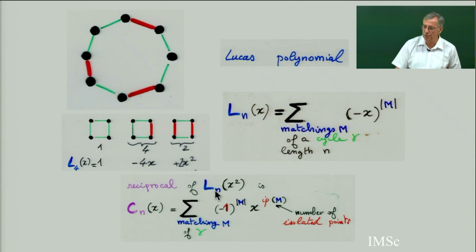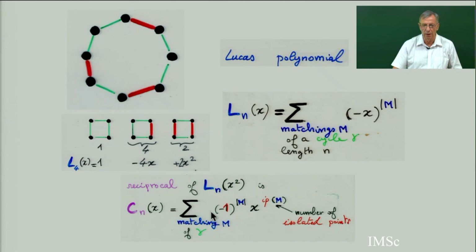Now if I take the reciprocal again, I replace x by x², because to have a dimer it is going to be x squared, since there are 2 points.